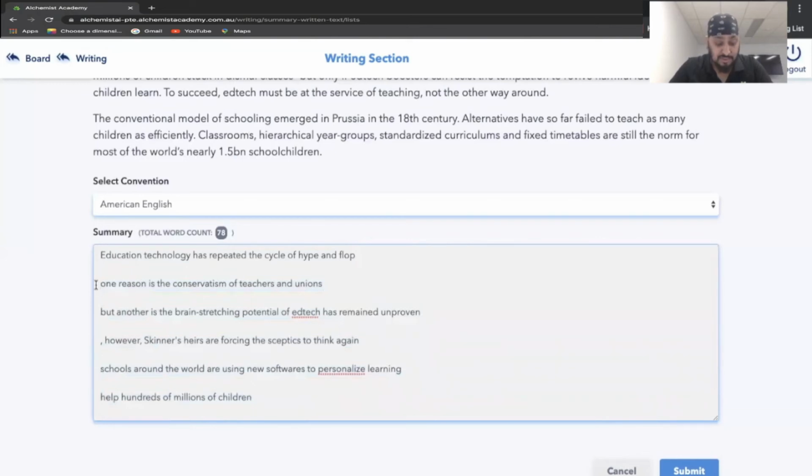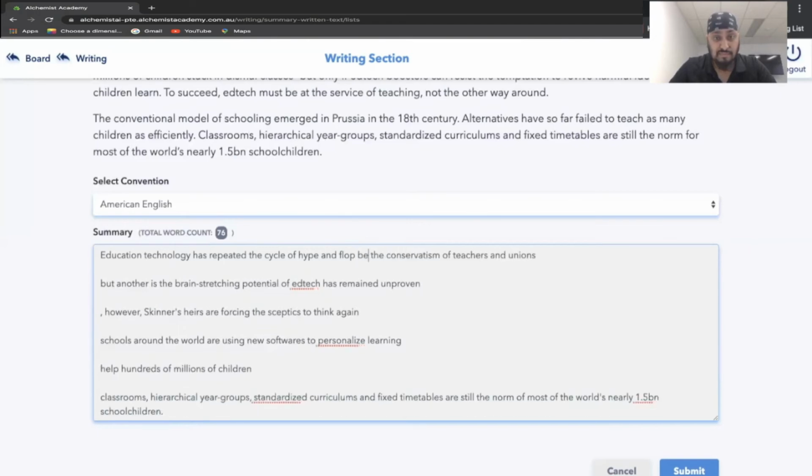Okay, so let's say if I started by saying educational technology has repeated the cycle of hype and flop, and one reason, instead of that, let's just say because of the conservatism of teachers and teachers unions.